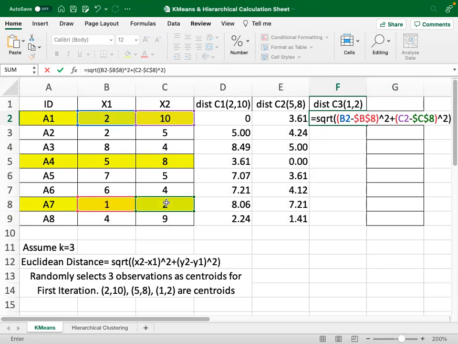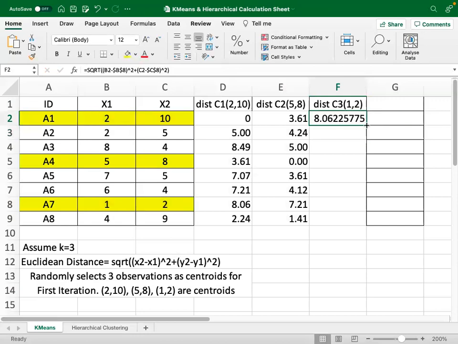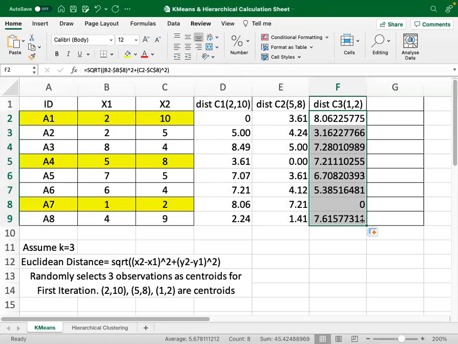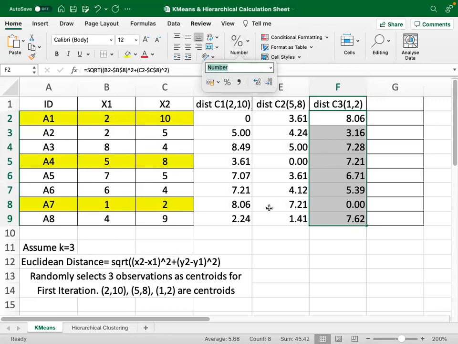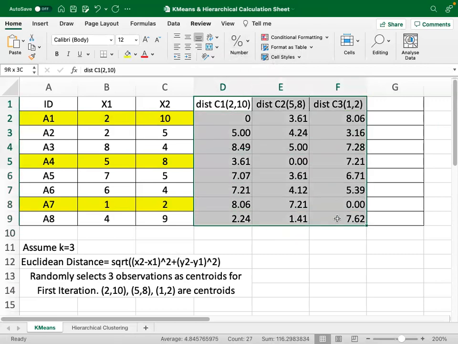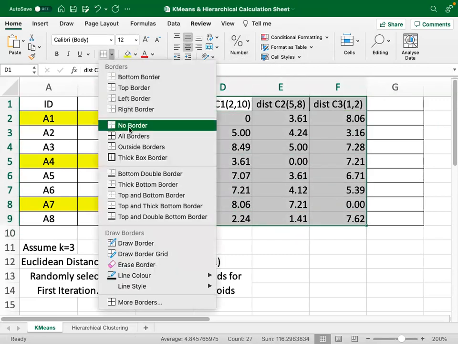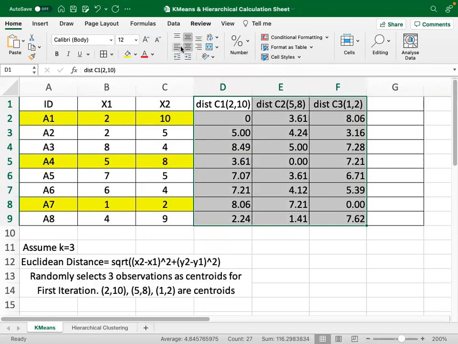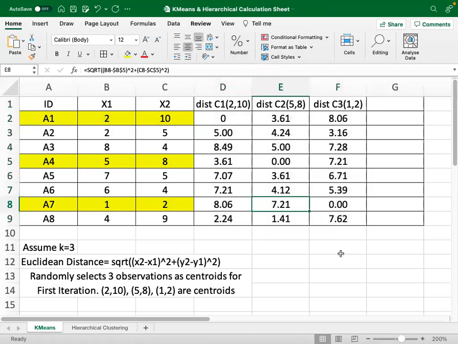So you have to fix this 1, 2 because you have to calculate the distance of the rest of the observations from 1, 2. So 1, 2 will be 0, and then we decrease the decimal to 2 points. So we have calculated the distance using the Euclidean distance formula.